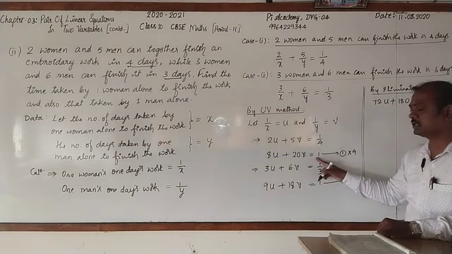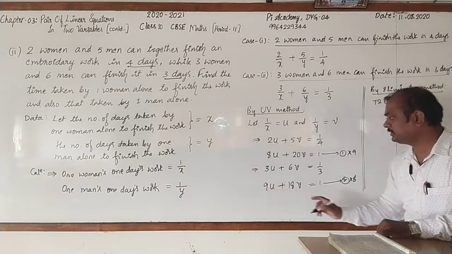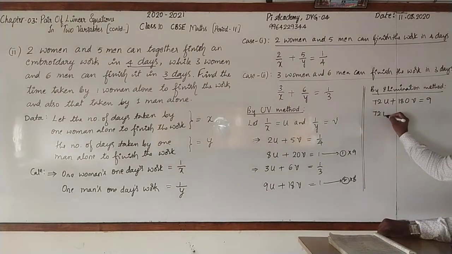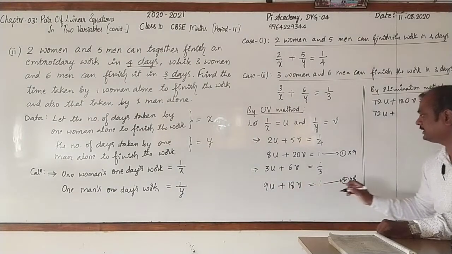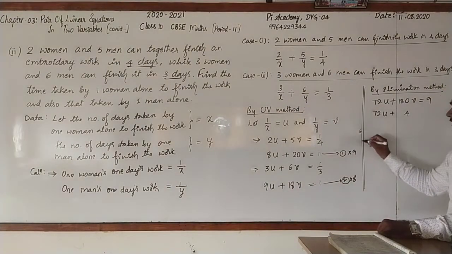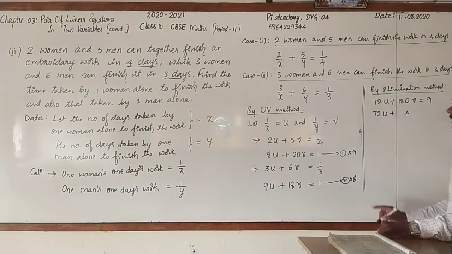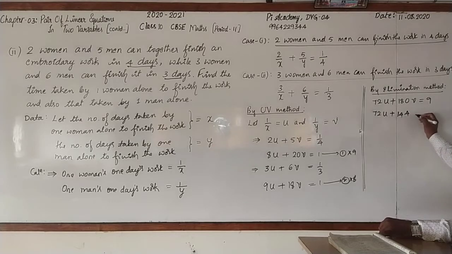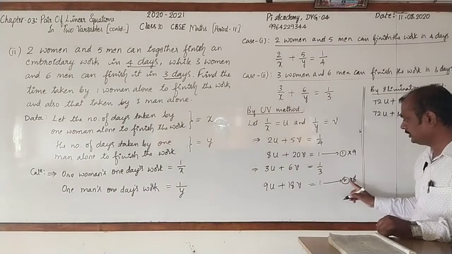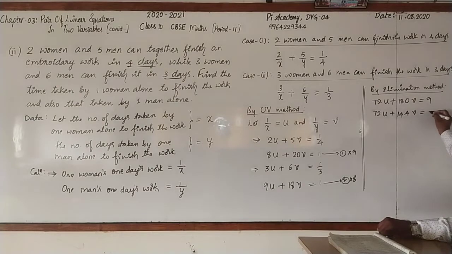9 1s are 9. Next, 8 9s are 72U. 8 18s are 144V. 8 1s are 8.